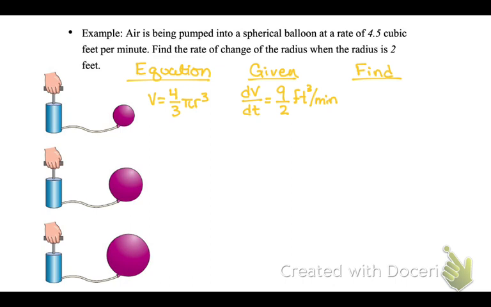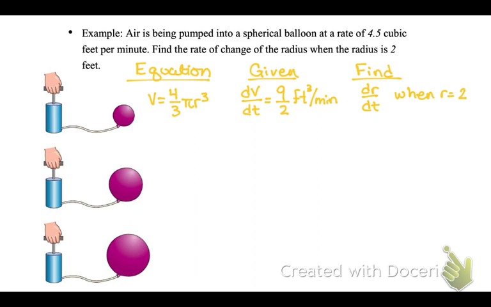Okay, so now what do I need to find? Find the change. What do I do to do change? dr/dt when r is 2.